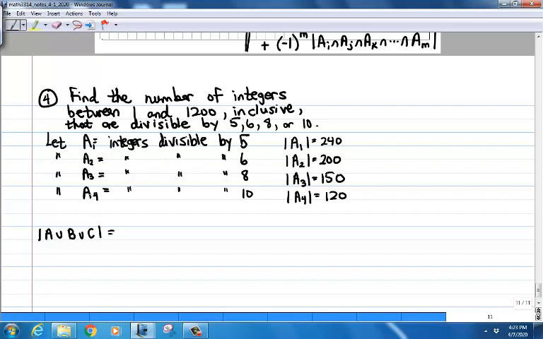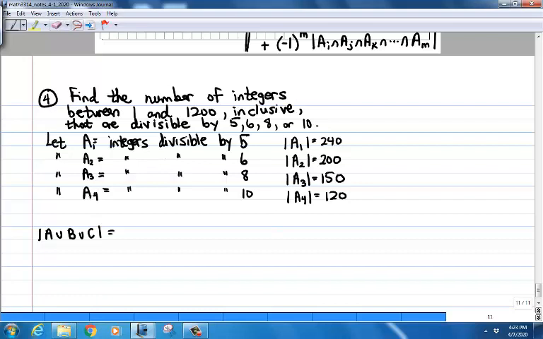And then we have another set. Let's let A sub 4 be the integers divisible by 10. This set is of size 120, that's just 1200 divided by 10, since every 10th integer is divisible by 10.